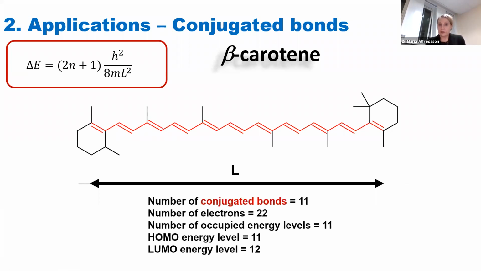First of all, we need to calculate how many conjugated bonds we have. Because we have 1, 2, 3, 4, 22 carbons in this conjugated chain, we have 22 electrons. Just like for ethene, we had 2 because we had 2 carbons that were double bonded.